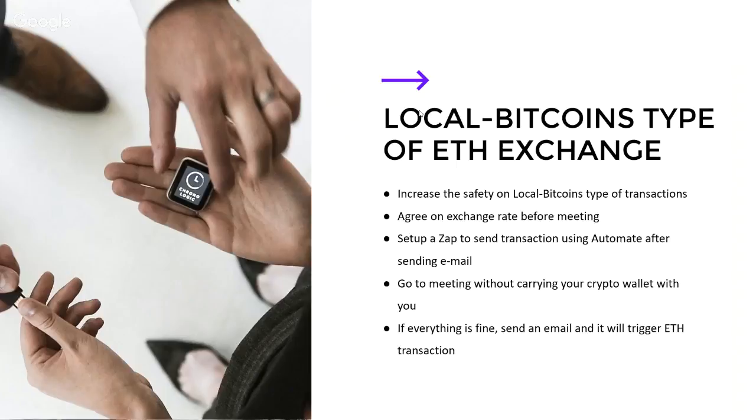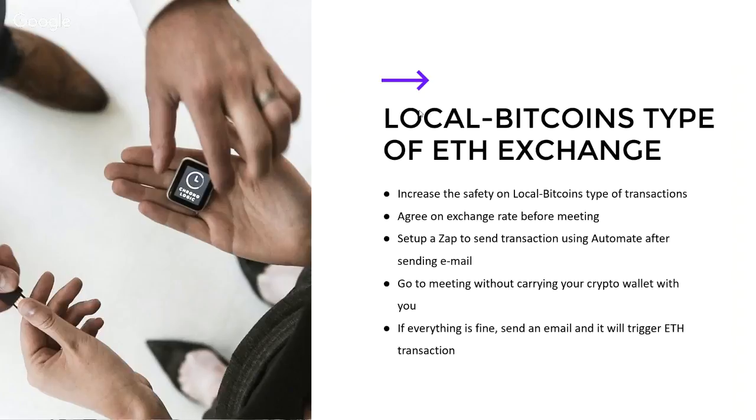So when you're the person that's going to send Ether, you can set up a Zap. It's called a Zap, so it's like a combination of these apps in Zapier, and you can set it up so that you will send a transaction using Automate to this person after you send an email.